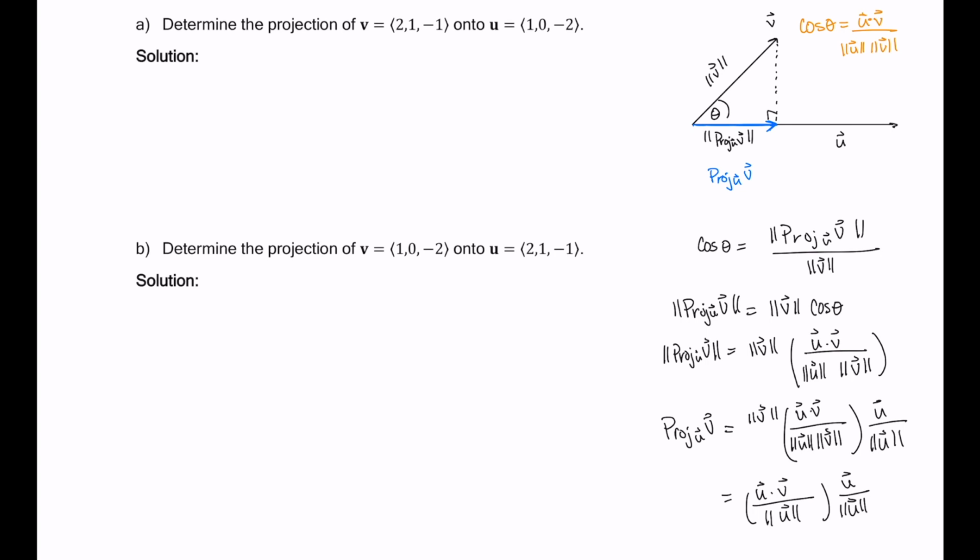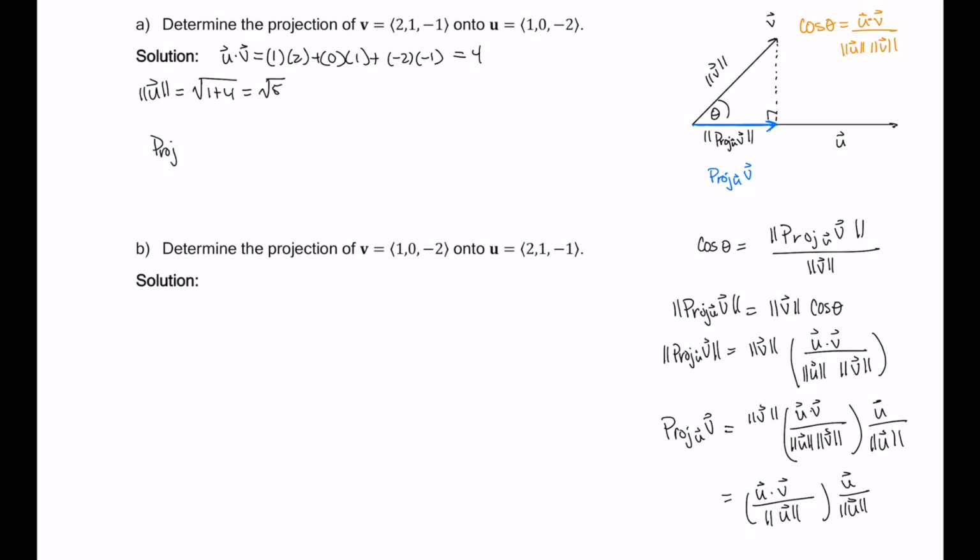So let's go ahead and find, first of all, the dot product, u dot v, that's equal to 1 times 2 plus 0 times 1 plus negative 2 times negative 1. This is 2 plus 2, so that's 4. The magnitude of u is equal to the square root of 1 plus 4, which is root 5. Okay, so now let's go ahead and write this out.